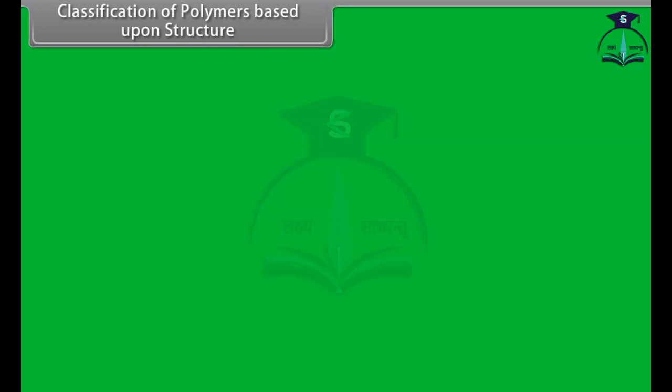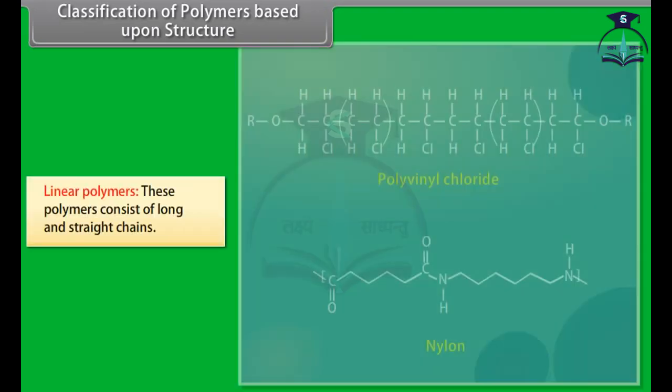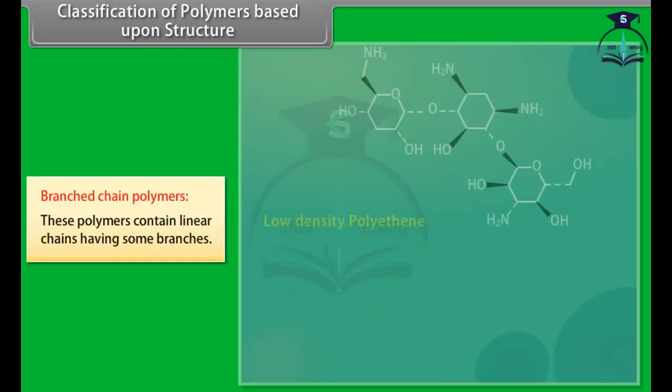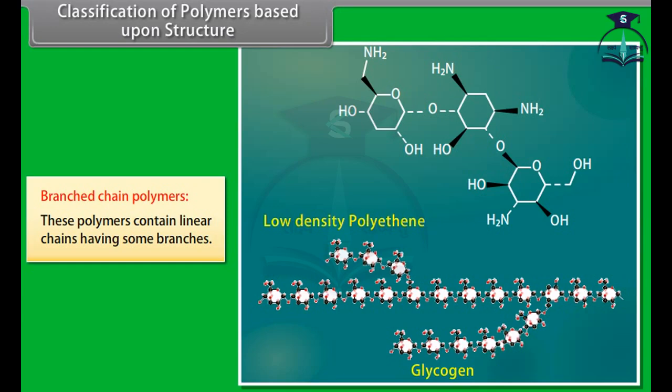Classification of polymers based upon structure. Under this type of classification, there are three subcategories. Linear polymers. These polymers consist of long and straight chains. For example, polyvinyl chloride and nylon. Branched chain polymers. These polymers contain linear chains having some branches.